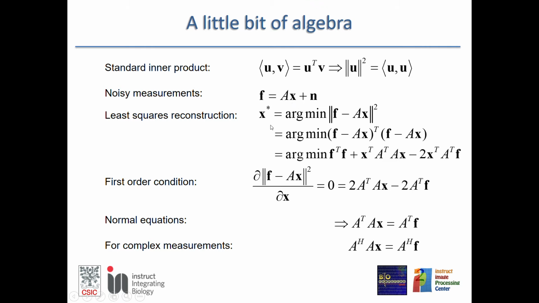And then what I want is to find the volume x star that minimizes the difference between my projections, so the experimental projections, and the reprojections from the volume I'm reconstructing. So this is a least square problem, and there is a lot of theory behind how to solve this least square problem in many different ways.